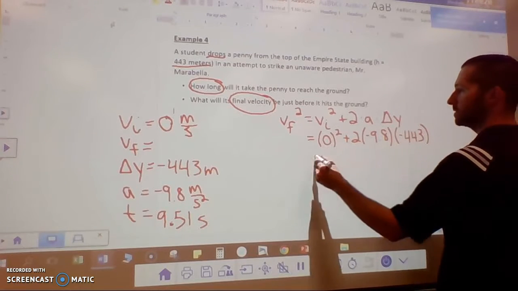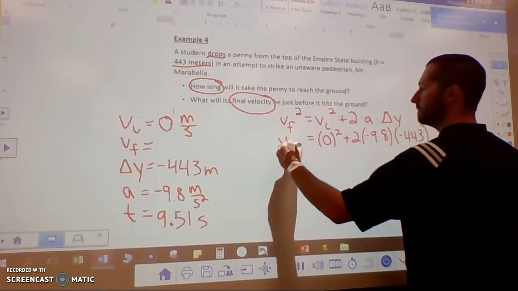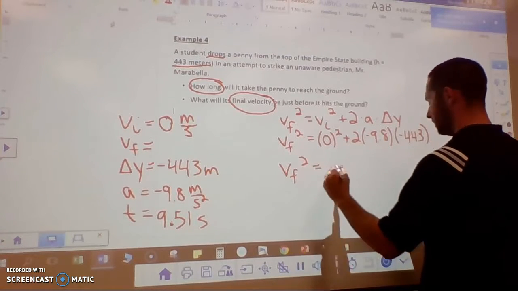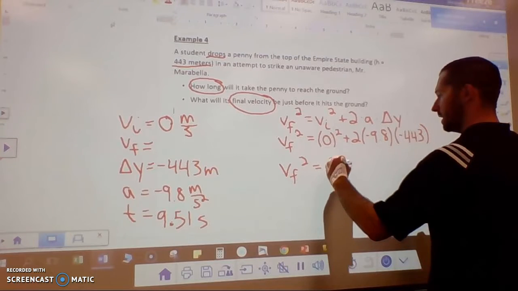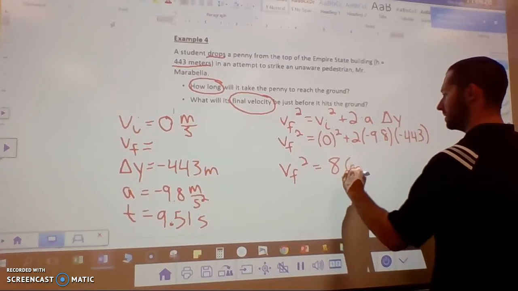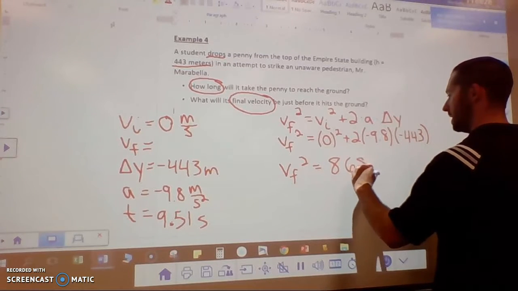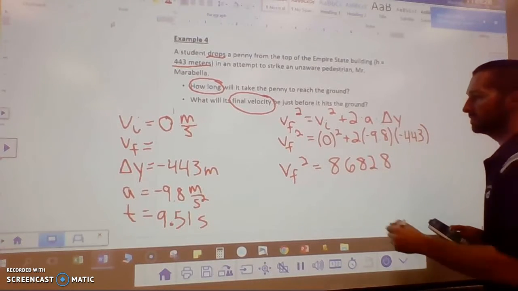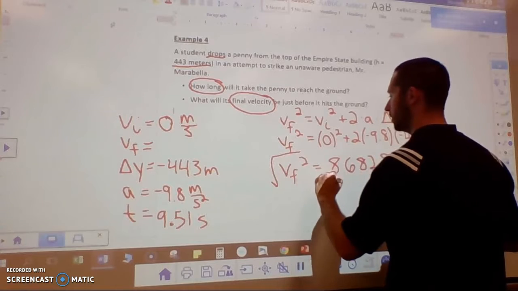If we evaluate this whole side, we get Vf squared equals 8,682.8. And finally we're going to take the square root.